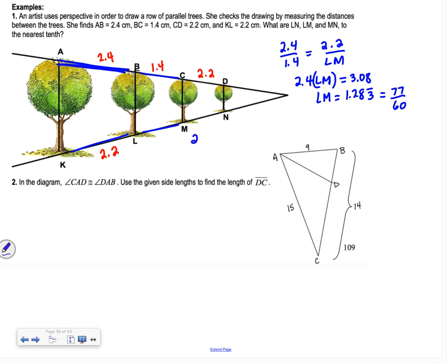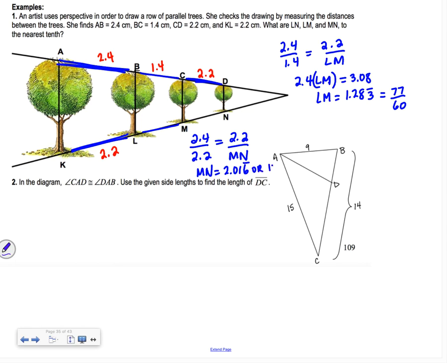I'm going to say 2.4 divided by 2.2 equals 2.2 divided by MN. I do the same process: 2.2 squared, so 2.2 times 2.2, and then divide by 2.4. So I get MN is equal to 2.016 repeating.